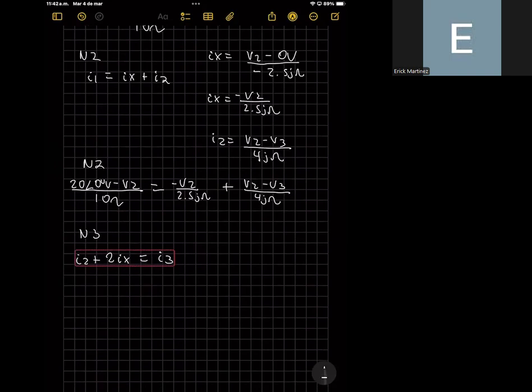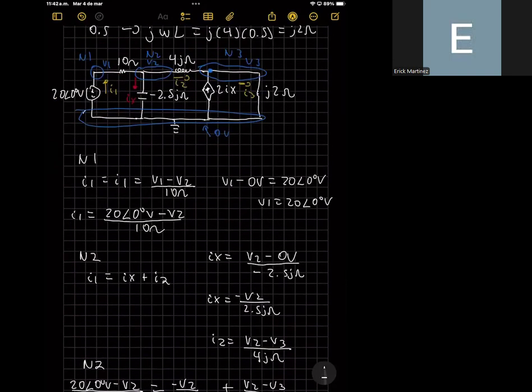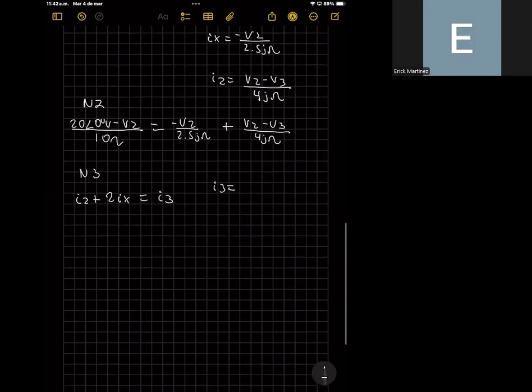So to solve that, we need to define I3 because we don't know the exact value of that. So I3 should be equal to the voltage that this element, or this inductor, has, divided by the impedance, okay?